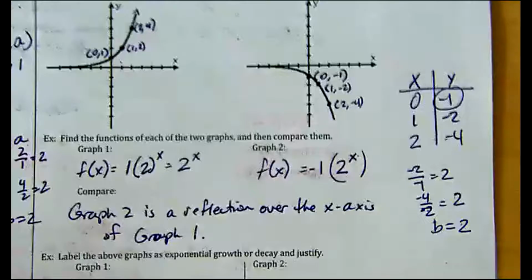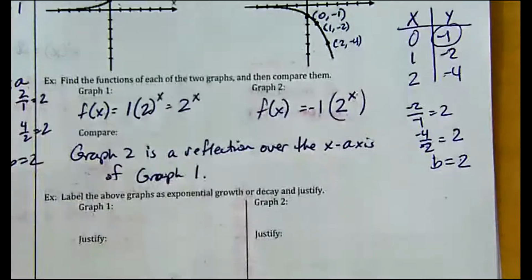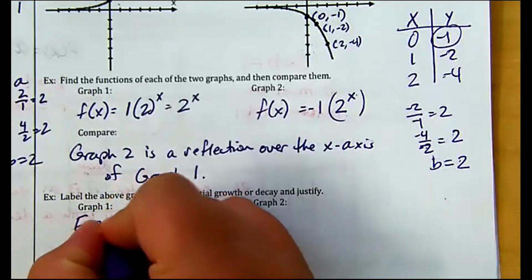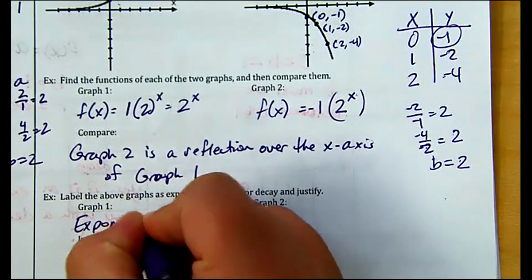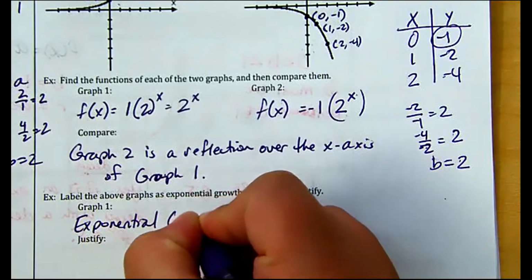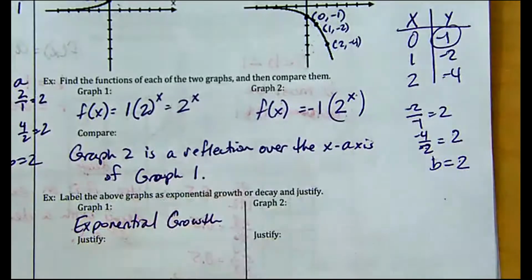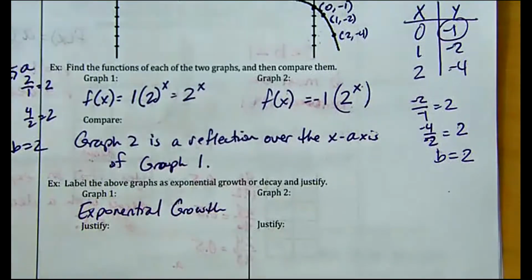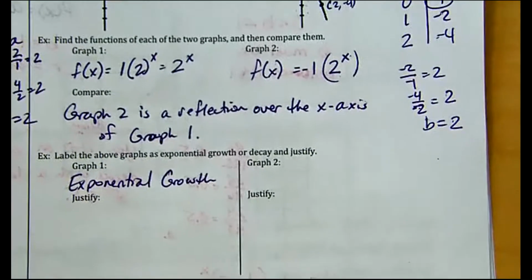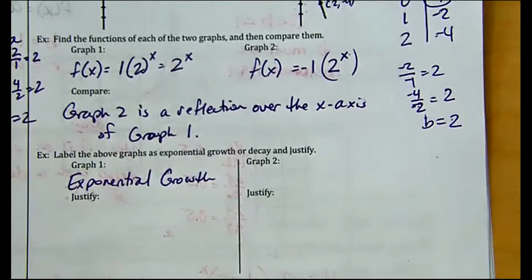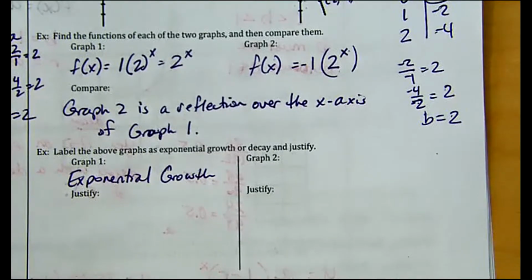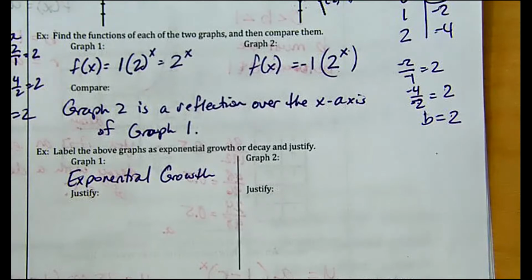So graph 1 here is exponential growth. Can anyone explain why? Why did you say that it was exponential growth? Okay, I have Juan's answer.